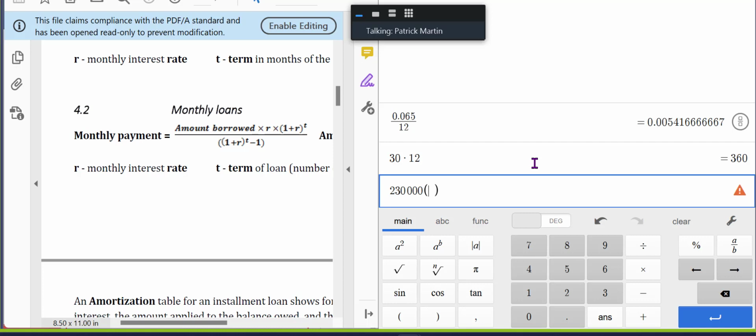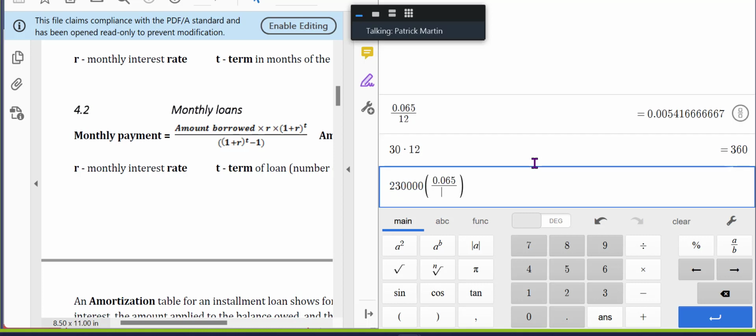The first way I'll do it is I'll just put the whole thing in: 0.065 over 12 for R, right? And then 1 plus R, I'm going to go 1 plus 0.065 over 12. And then this guy, just this guy here, needs to be put to the power of T.